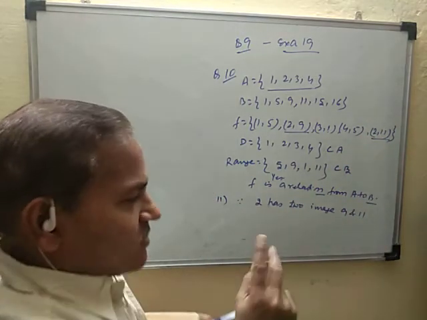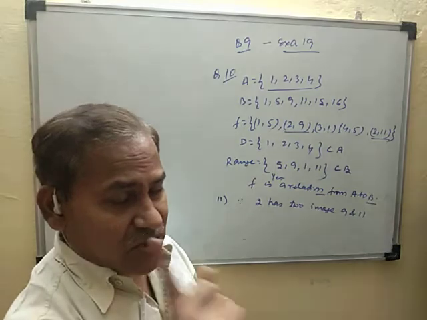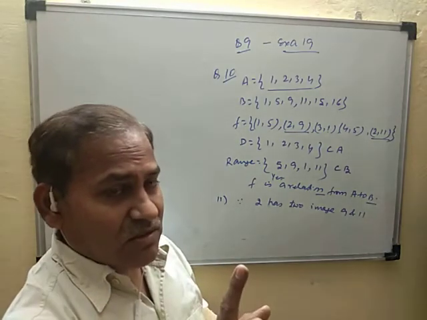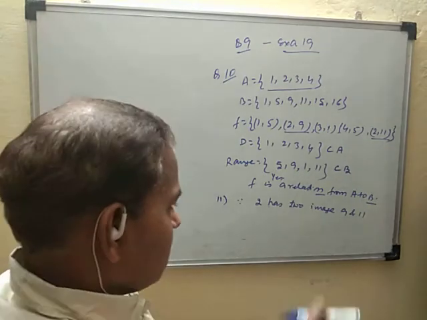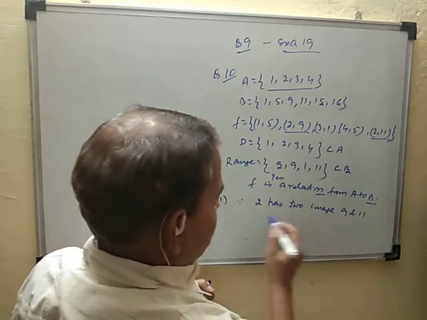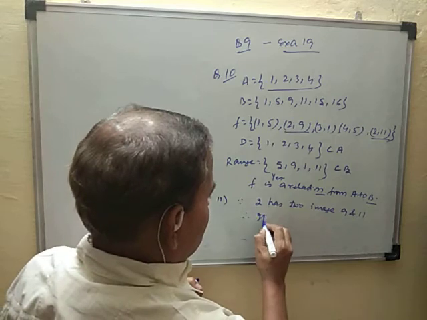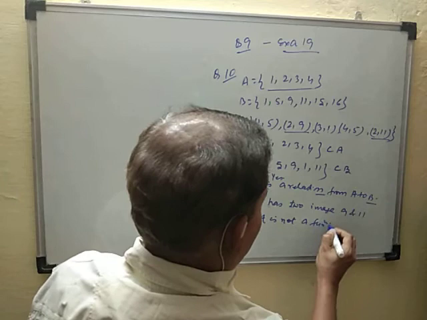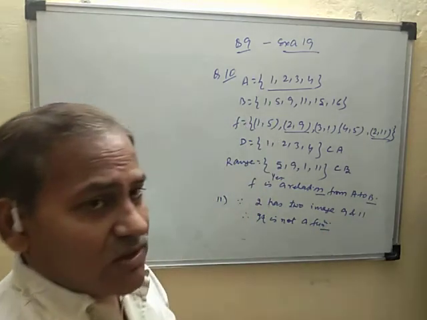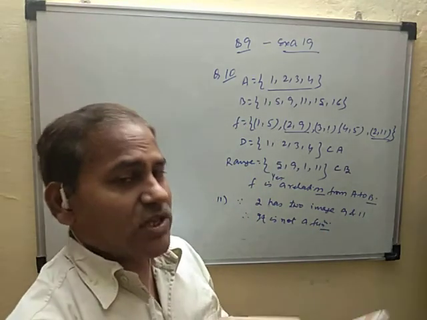So since 2 has 2 images, 9 and 11, we know that for a function every element of the domain has a unique image, but 2 has 2 images, 9 and 11, therefore it is not a function. This will not be a function, because a function needs a unique image.